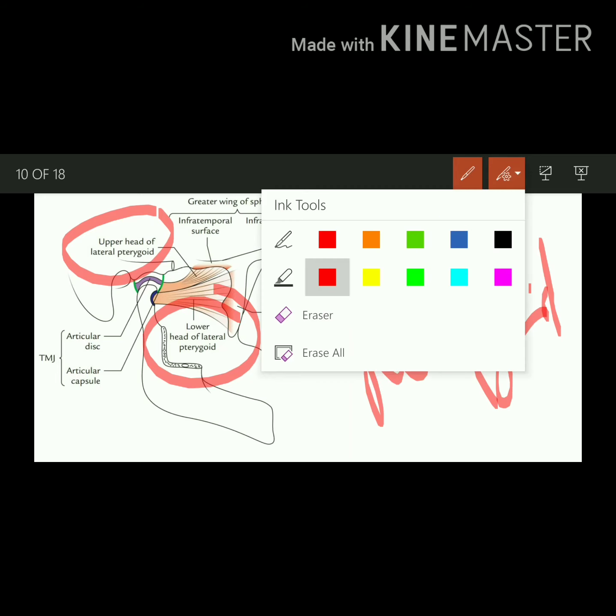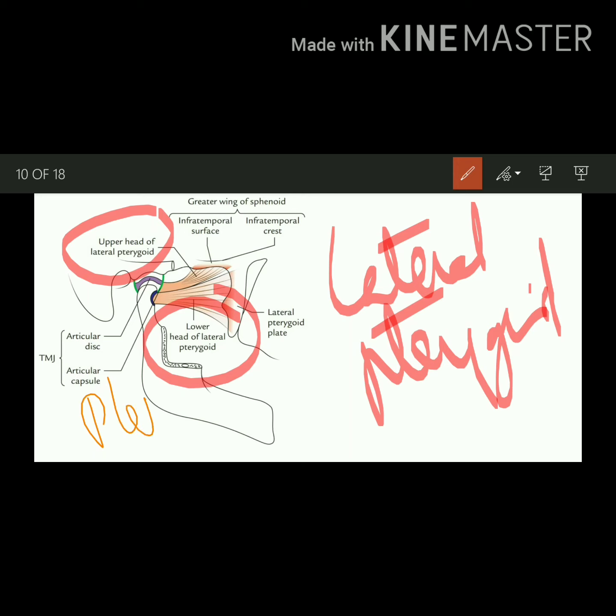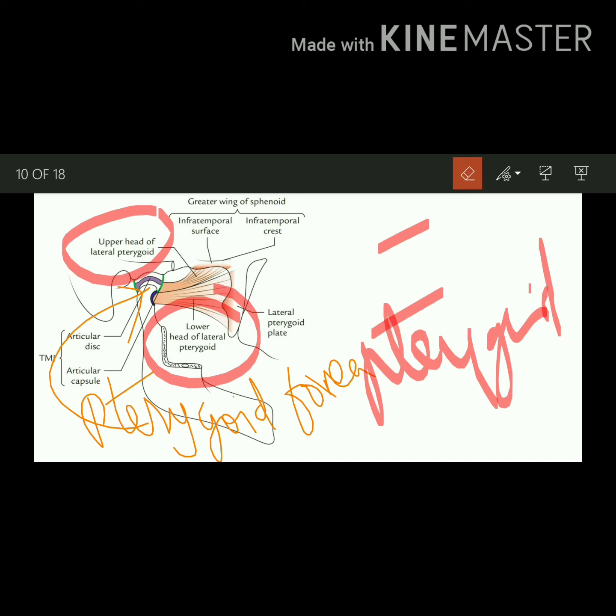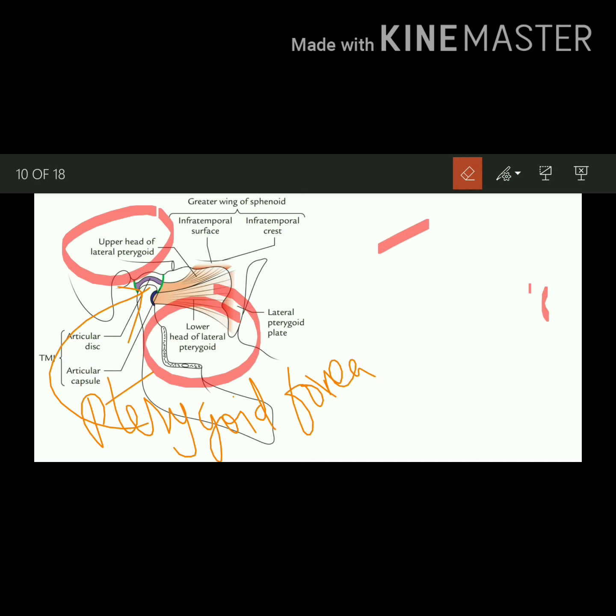The point at which they are inserted is called the pterygoid fovea. This pterygoid fovea is present on the mandibular condyle, where it is attached.